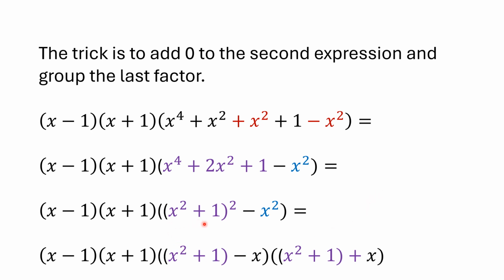The x squared plus 1 squared comes from the x to the 4th plus 2x squared plus 1, minus x squared. Well, now we have a difference of two squares, which factors as x squared plus 1 minus x and x squared plus 1 plus x.